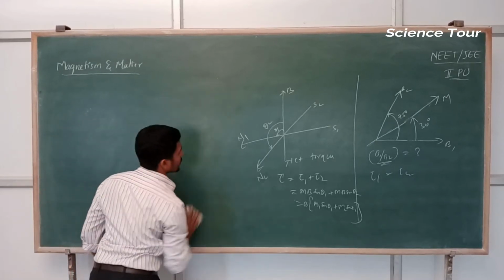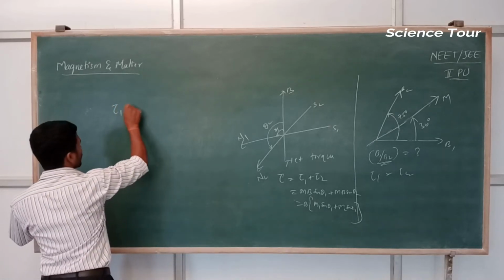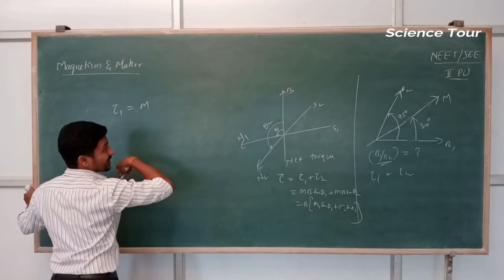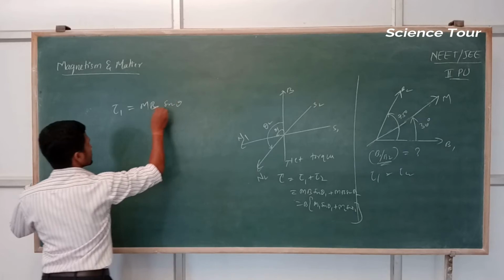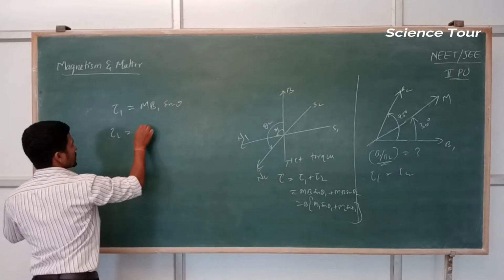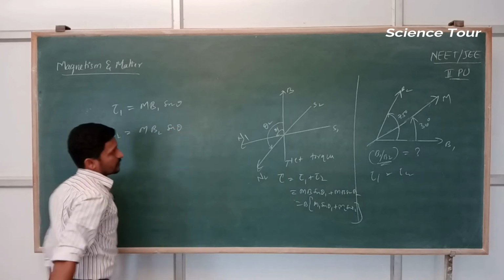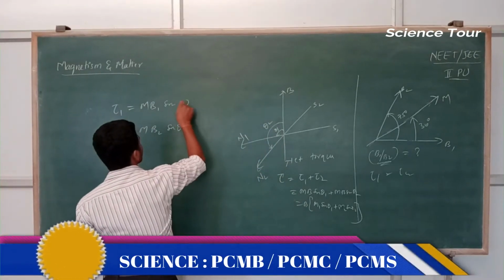Let's see, tau 1 is equal to what? For B1 we write m B1 sin theta, the magnetic moment is the same and only B is changed. Tau 2 is equal to m B2 sin theta. What is the angle here? B1 makes an angle of 30 degrees.